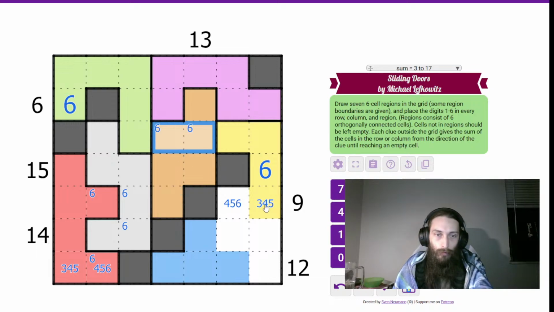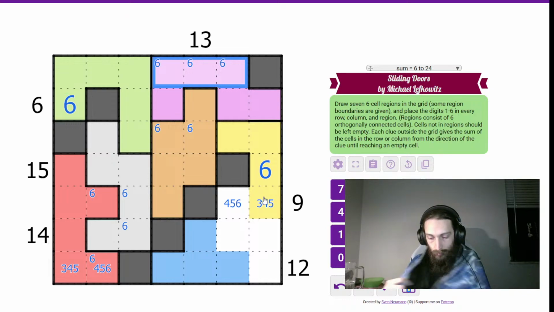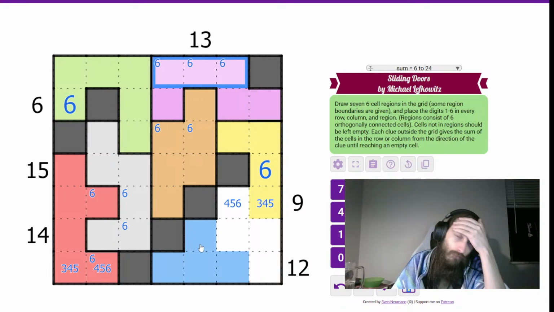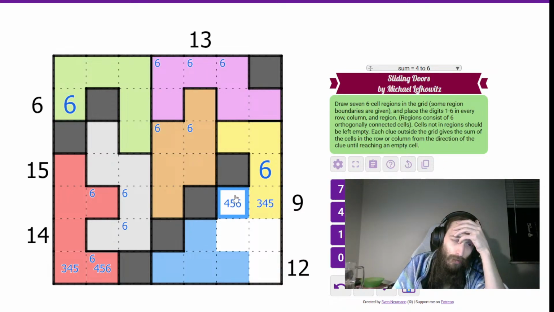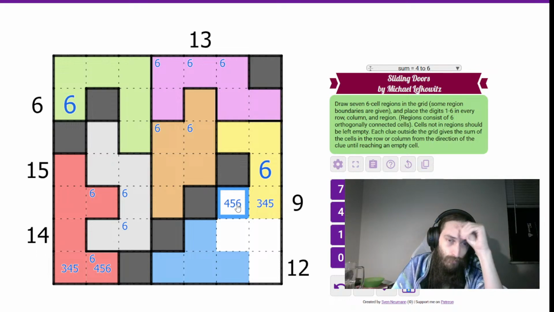So it has to be one of those two. Now, this can still be in blue. Right. So that could still be 6.